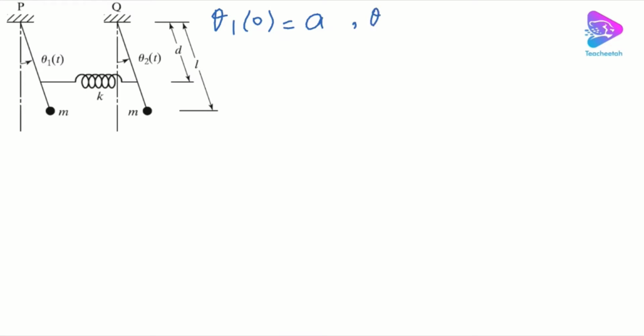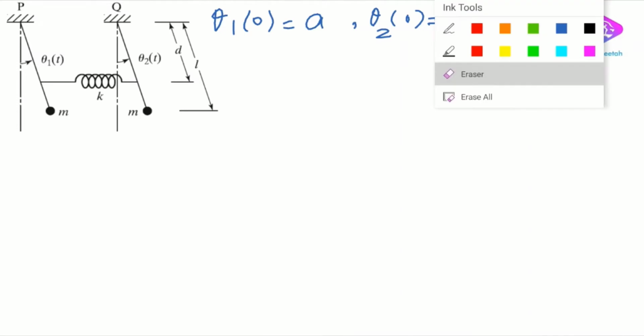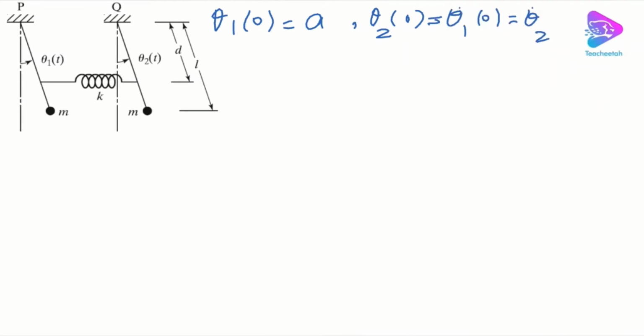So theta 2 at 0, theta dot 1 at 0, and theta dot 2 at 0 are all equal to 0, which means there is no initial displacement and no initial velocity for the second mass. Also the velocity of the first mass is equal to 0. So these are the initial conditions.